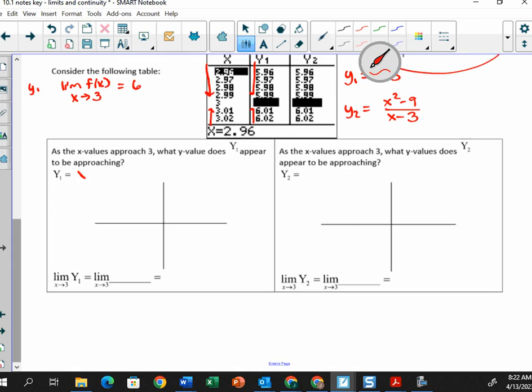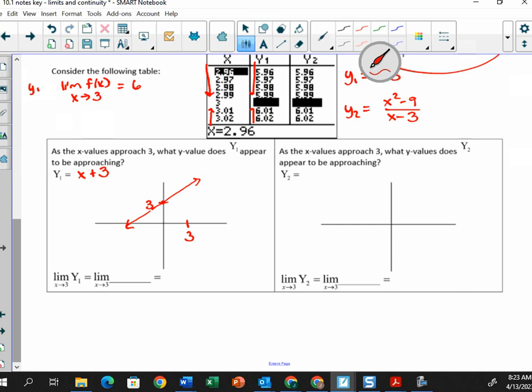So again, we'll use x plus 3 for our y1. How do I graph the line y equals x plus 3? Okay. Looks like there's 3, right? And then we'll pretend that I have a slope of 1. All right, and my x value of 3 is over here.